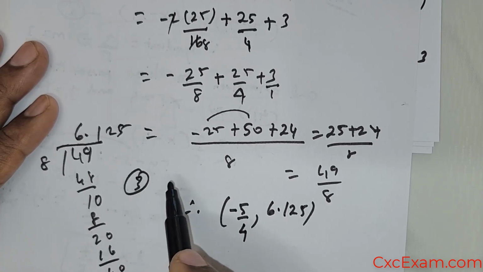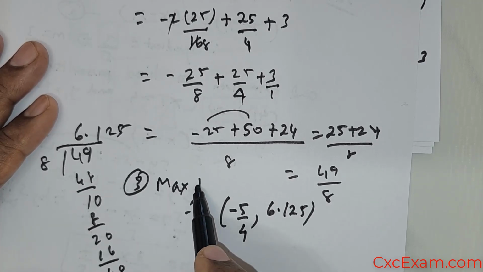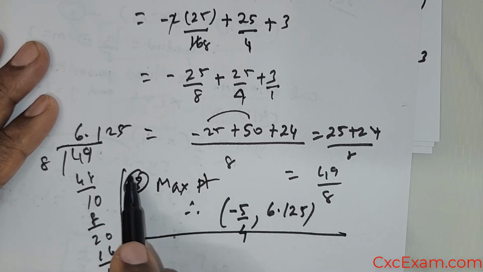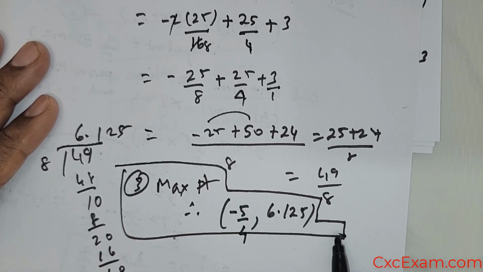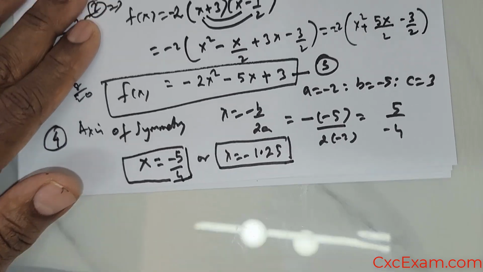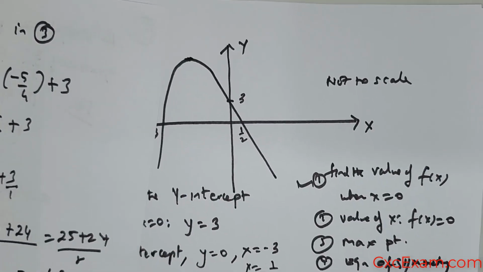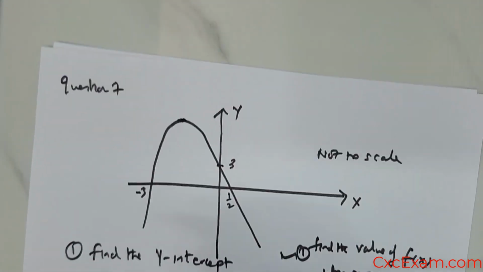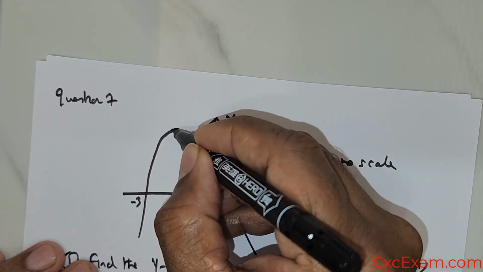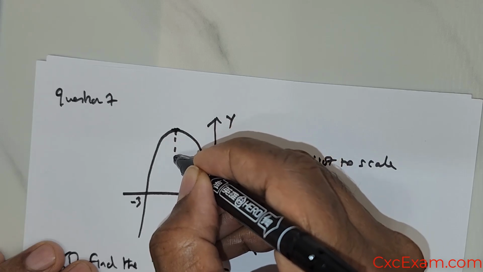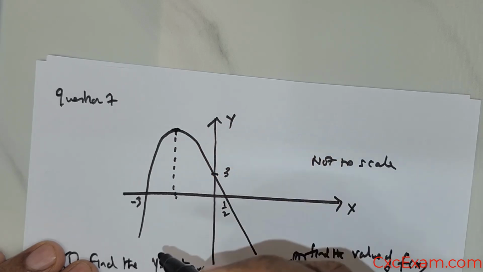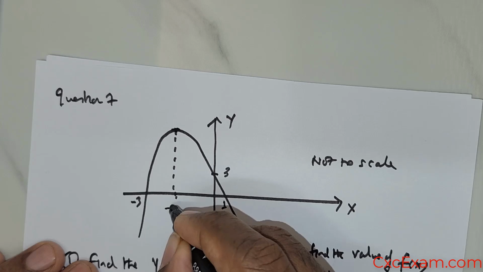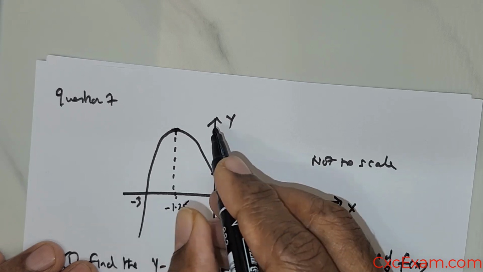So this is subdivision 3, the max point, and you box this result. Okay, so coming back to the graph, the axis of symmetry is negative 1.25. So you take a ruler and you draw that. You draw the dashed line, right? And then you write that as negative 1.25.